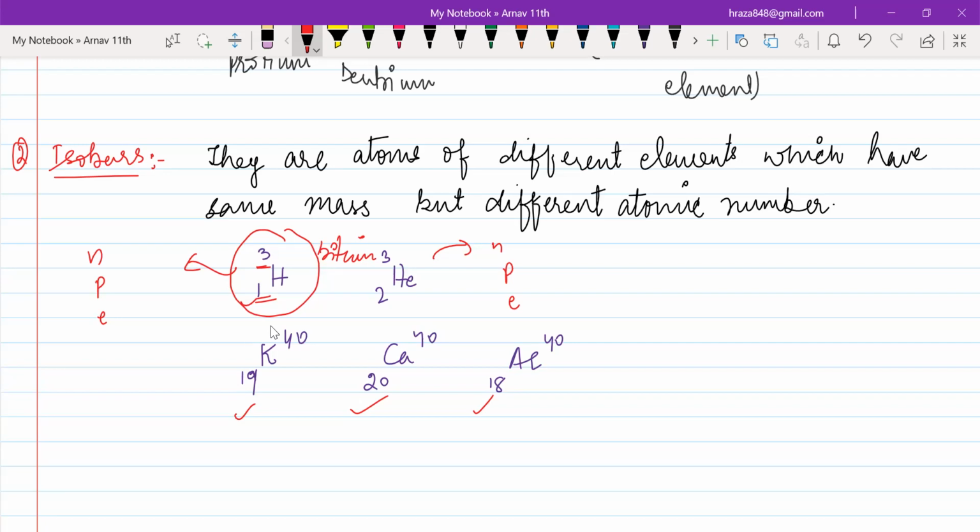Very good. So in potassium, 21 neutrons, 19 electrons, and 19 protons. Very good. So in calcium, 20 neutrons, 20 electrons, and 20 protons. Good. So in argon, 22 neutrons and 18 electrons and 18 protons.